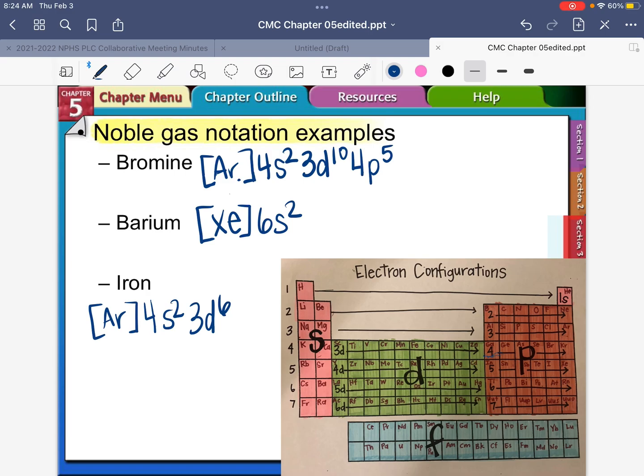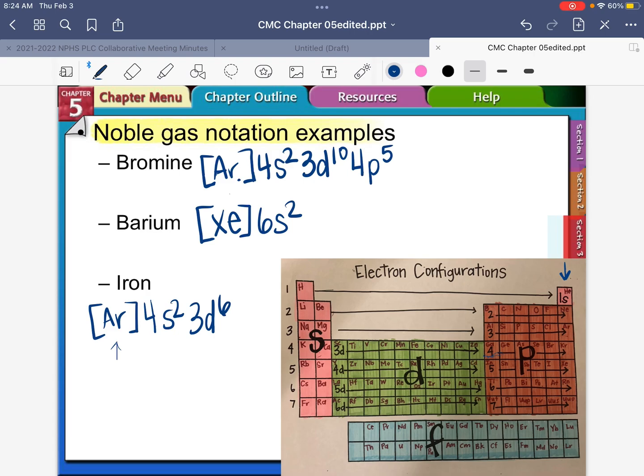So a couple important things about noble gas notations. It always has to be a noble gas in brackets. So this here can only be a noble gas, which means it has to come from this group here. The other thing is a noble gas cannot be its own configuration.